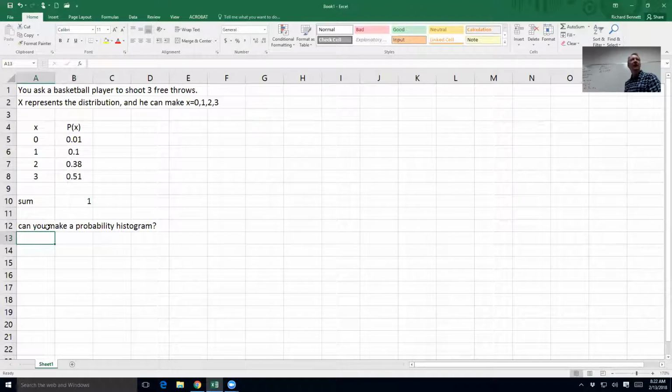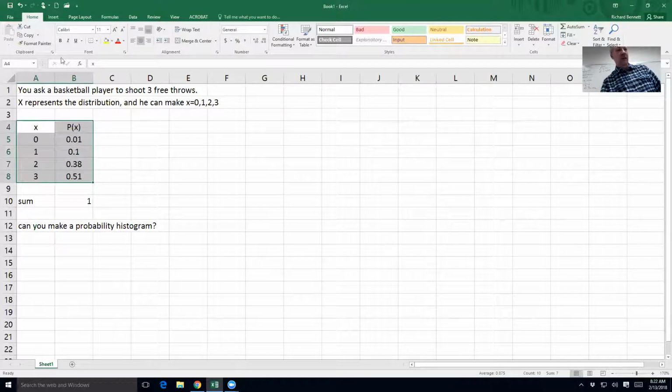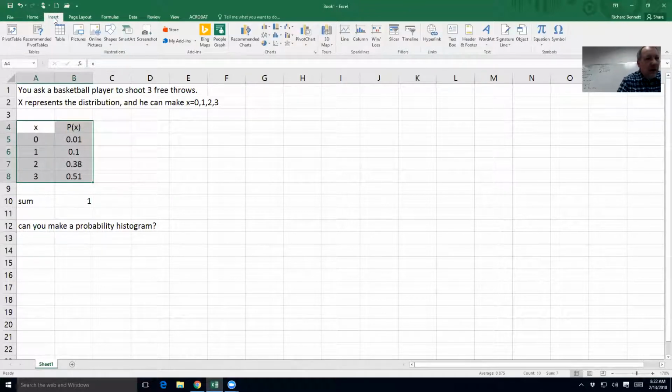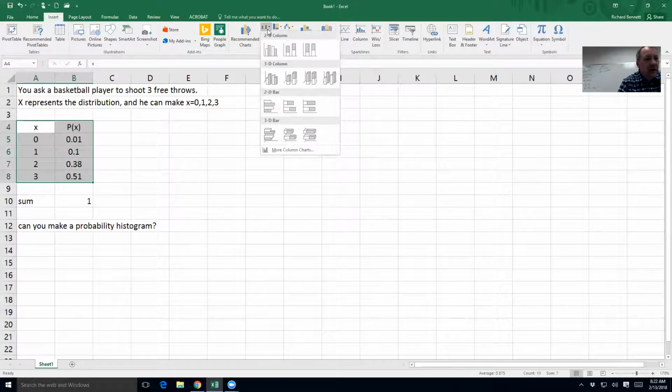How would you do that? You just select all the data. Insert, and then select bar graph. Bar graph here. And then go.